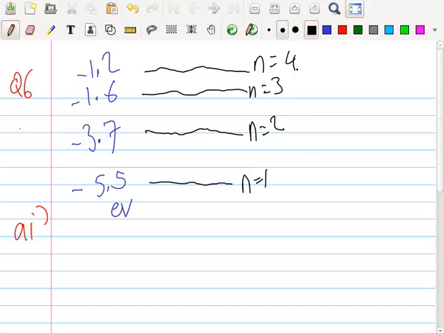Fine. Define the electron volt. So that's the first question. Do you remember the definition?